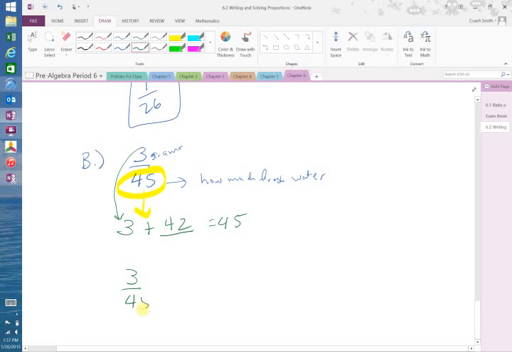Now we're looking at the proportion. 3/45, that's equal to the mass of this water, which is 30. Okay, and they want to know how much salt it has in it then. Okay, so they said the ratio or the salinity is 3/45.